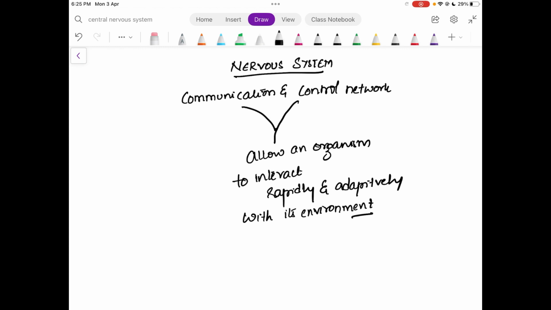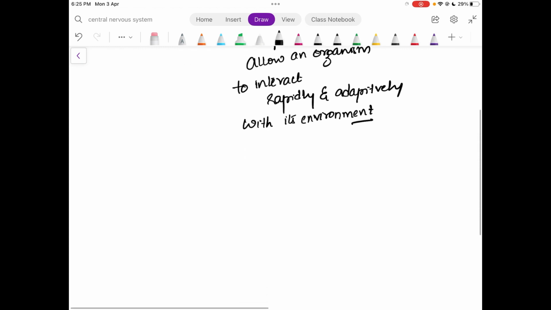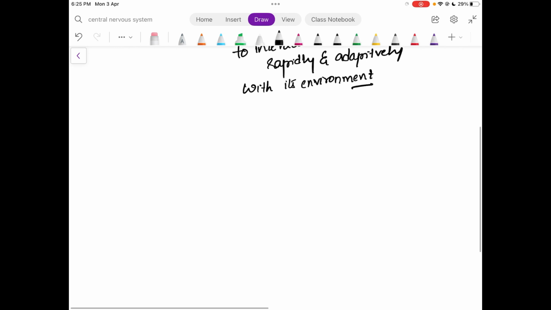This environment can be either external or internal.